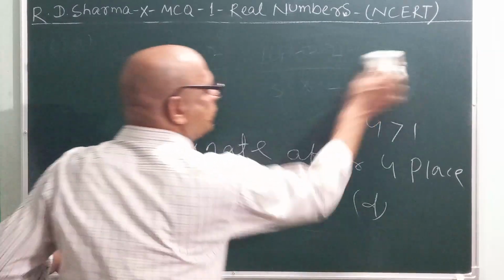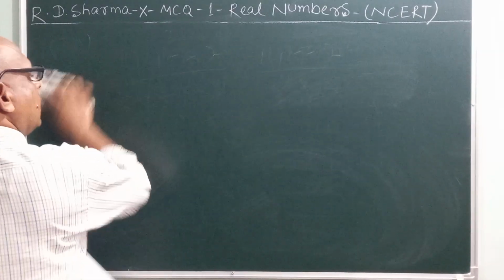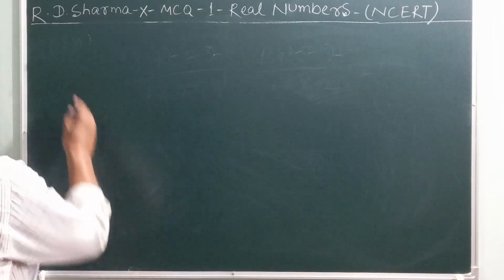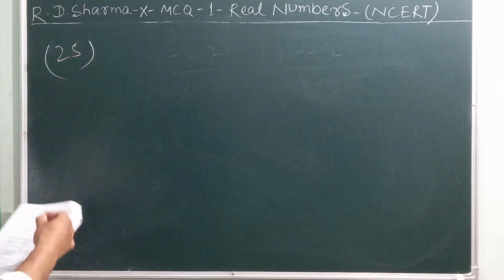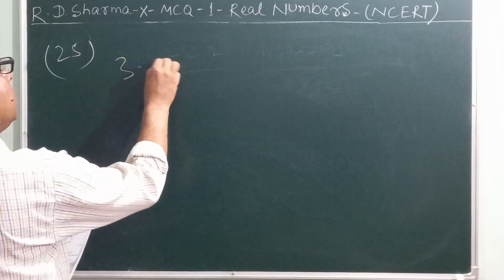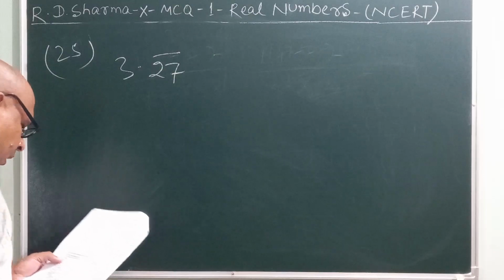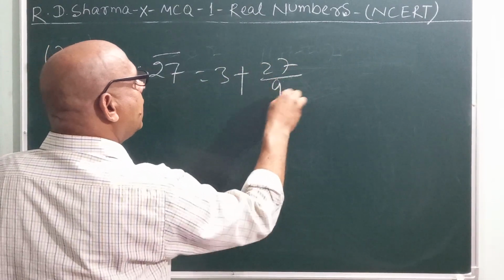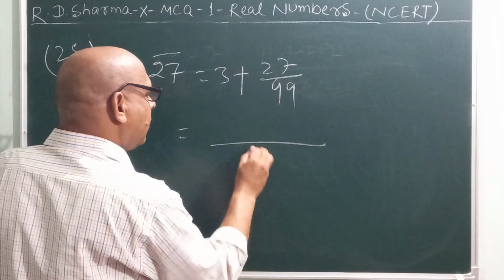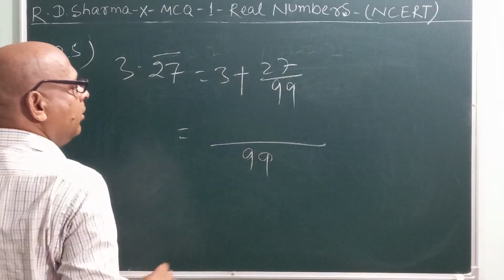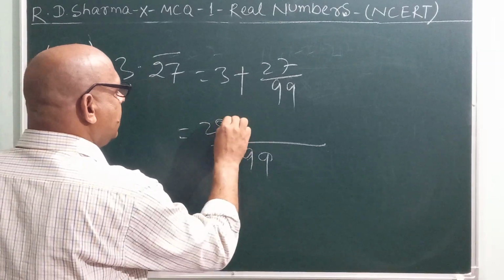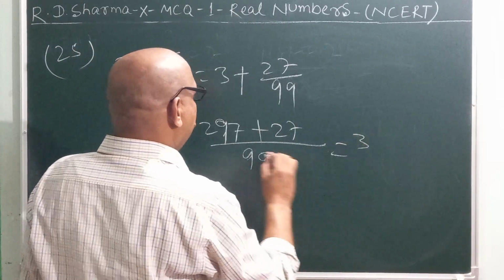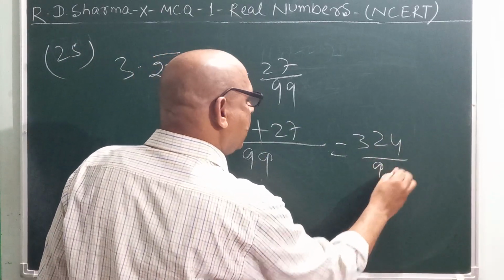25. 3.27 bar is dash. It equals 3 plus 27 by 99. 99 into 3 is 297. 297 plus 27 is 324 by 99.